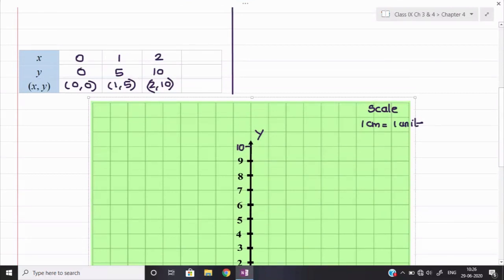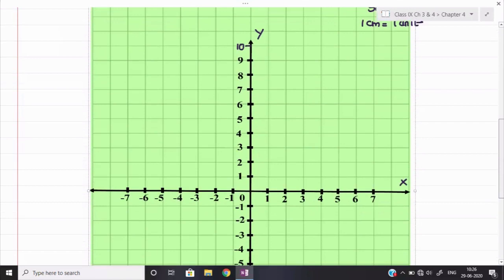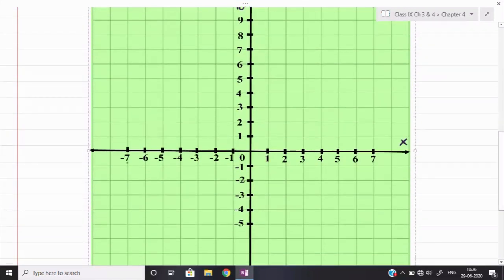Let us mark the first point, 0 comma 0. 0 comma 0 means it is the origin, so you know it, the origin comes at the point of intersection of the x and y axes. So I can say this is my point A, whose coordinate will be 0 comma 0.